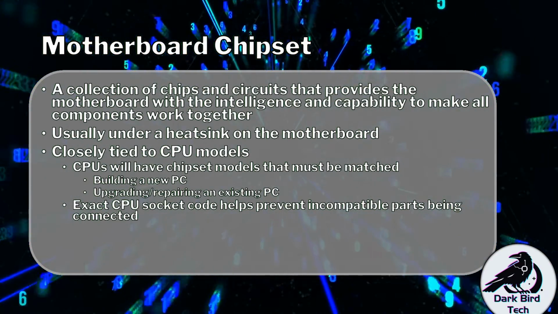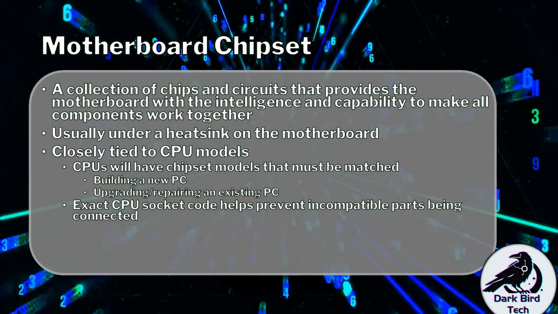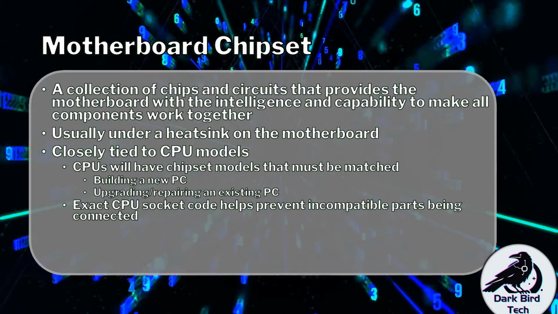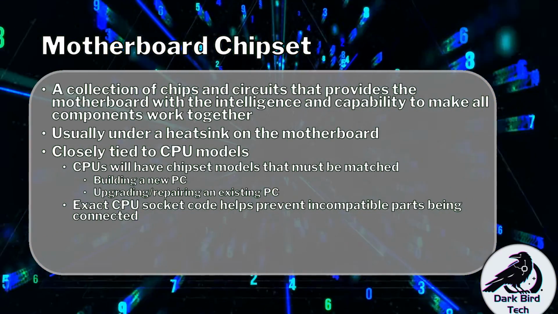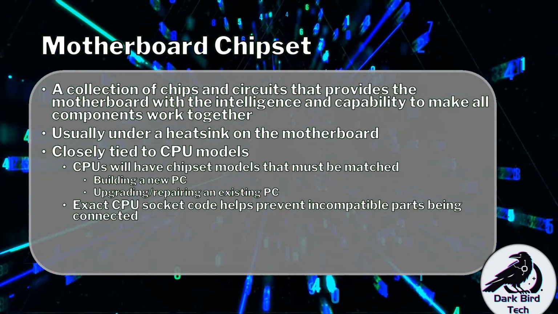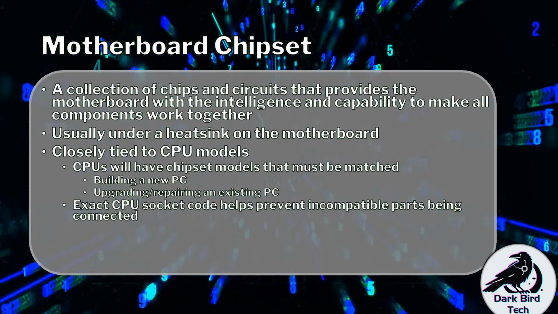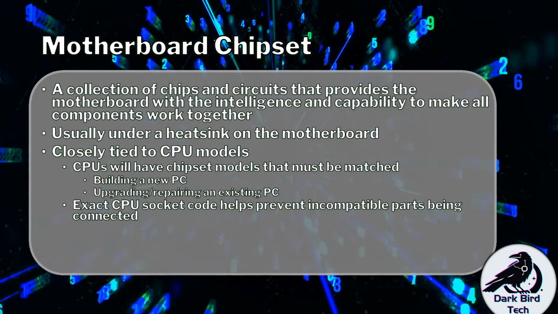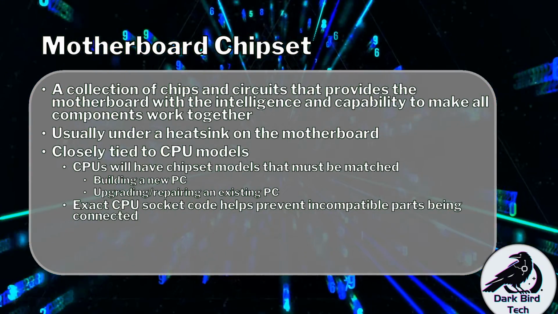But whenever you are building a PC or upgrading an existing one, look at the CPU you want. That usually will dictate the motherboard chipset and often the socket type that you need to look at getting. But definitely do your due diligence and your homework to ensure you're going to be ordering parts that will work together. These parts cost a pretty penny sometimes, and you do not want to be wasting your money.